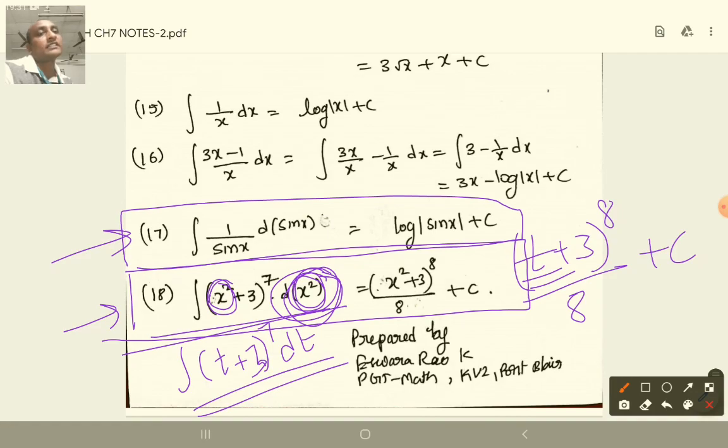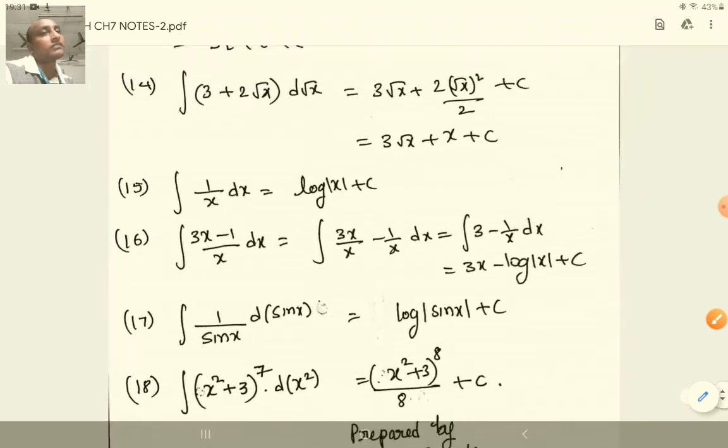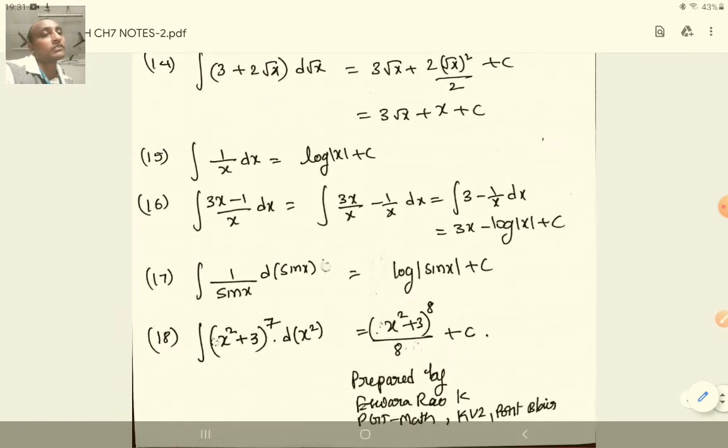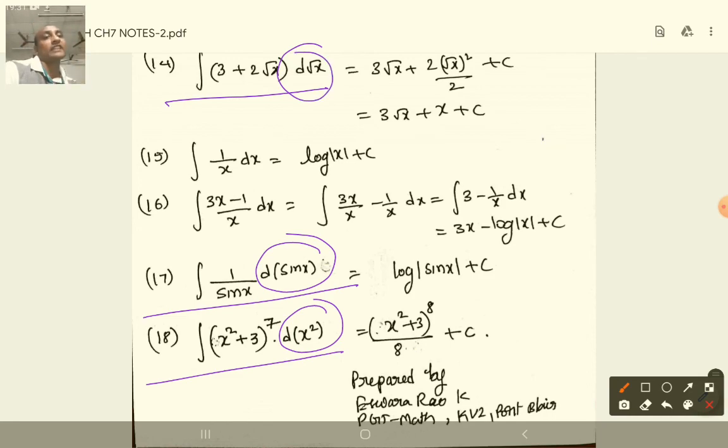That's the reason I discussed by changing the variable of integration. I have changed it here for 3 questions, the 14th, 17th, 18th. I have changed the variable of integration to something else, not a single variable. It is root x, sin x, x square. So these questions are leading to a method which is called the substitution method.